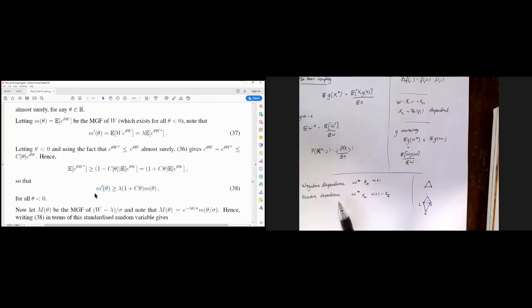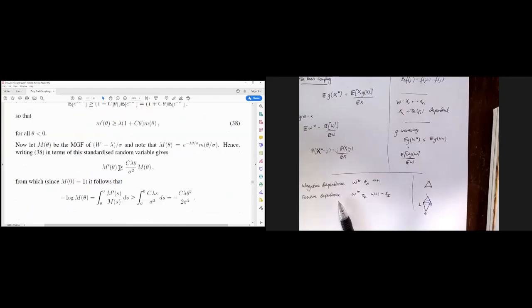Once we normalize the problem, that turns into a lower bound on the derivative just for the normalized random variable, so just subtract the mean and divide by the standard deviation in the usual way. I use that lower bound to write down an upper bound on my m of theta via a lower bound on minus log of that moment generating function.